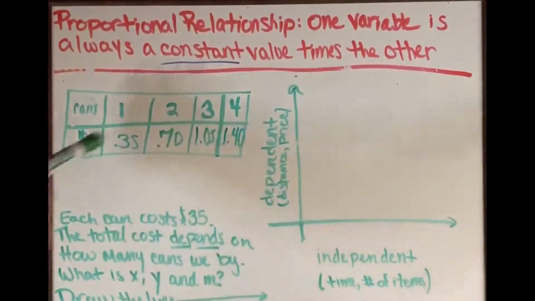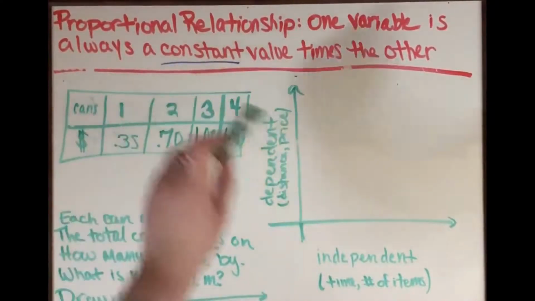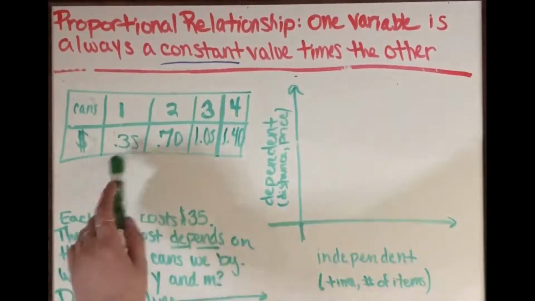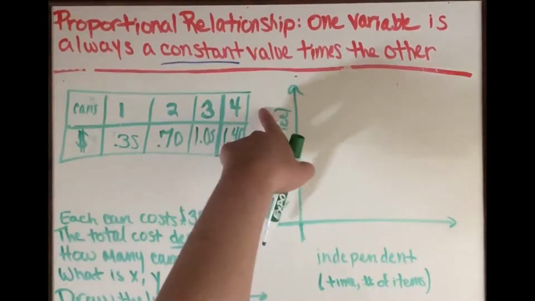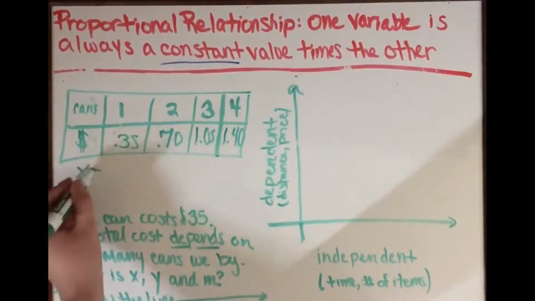So as our number of cans increases, our price increases. But the number of cans will always increase independently from the total cost. And a hint in the wording: the total cost depends on how many cans we buy. So our independent variable will be number of cans.